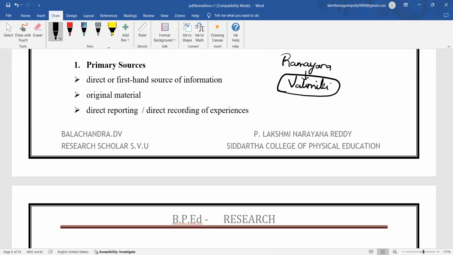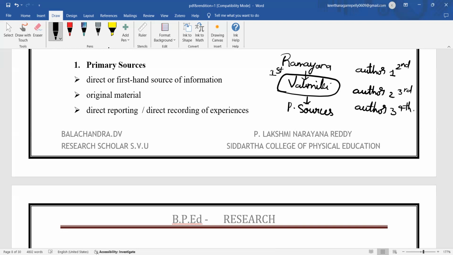Now, if you take Ramayana, it is written by Valmiki, the very first source, right? As you know, there were many other Ramayanas written by author 1, author 2, author 3. So now there are four books on Ramayana: first, second, third, fourth.